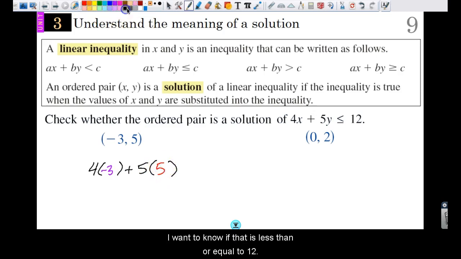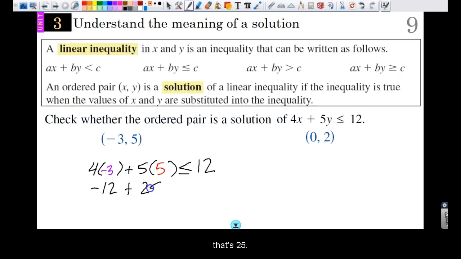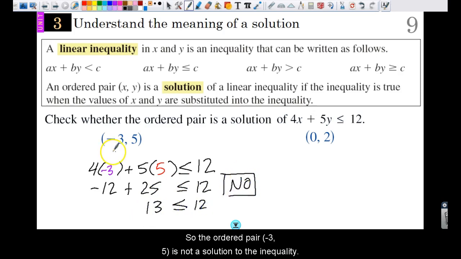And I want to know if that is less than or equal to 12. That's -12 plus 25 less than or equal to 12. Is 13 less than or equal to 12? No. So the ordered pair (-3, 5) is not a solution to the inequality.